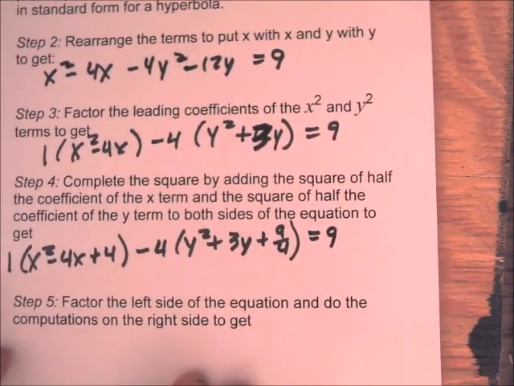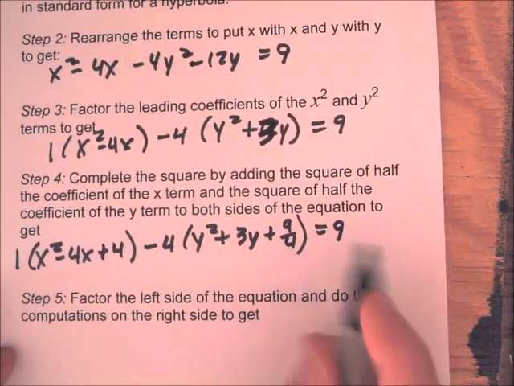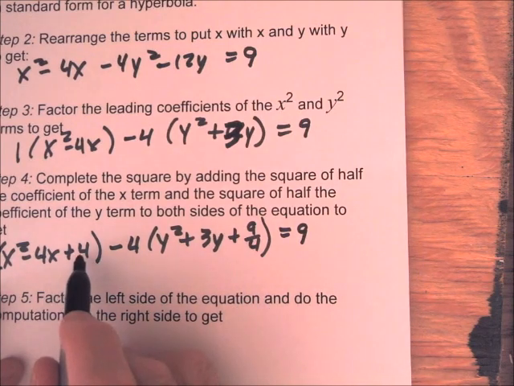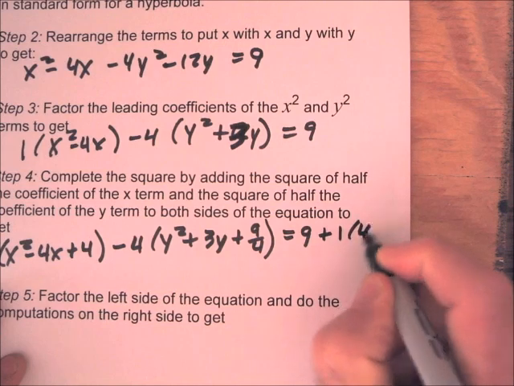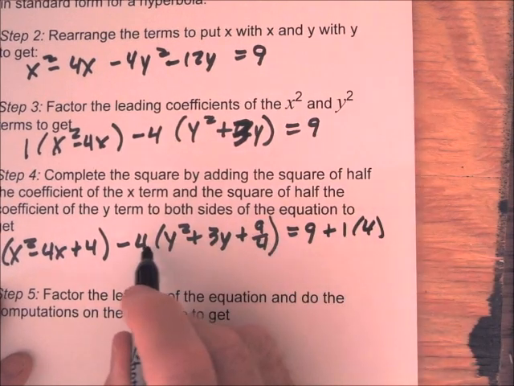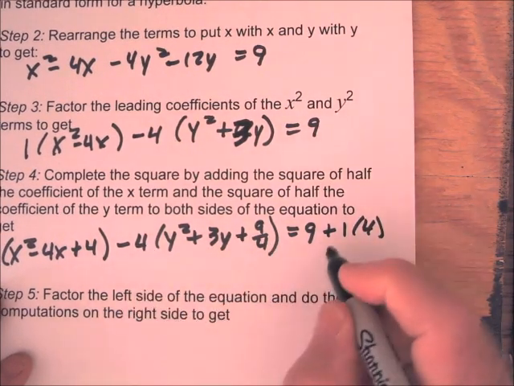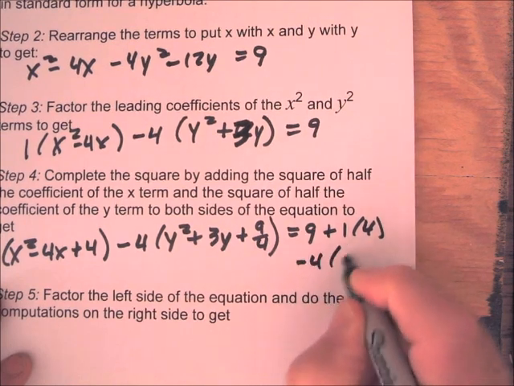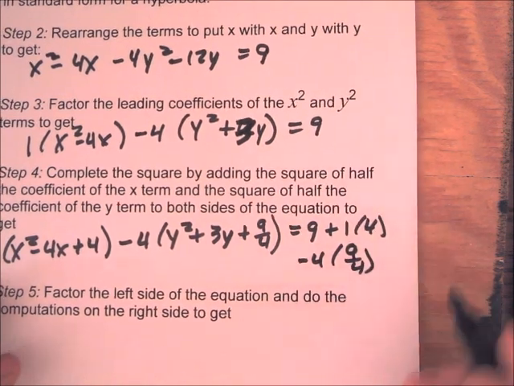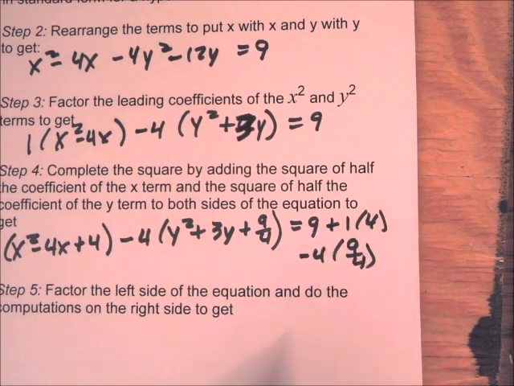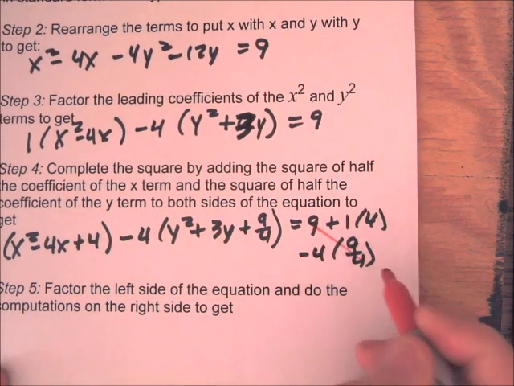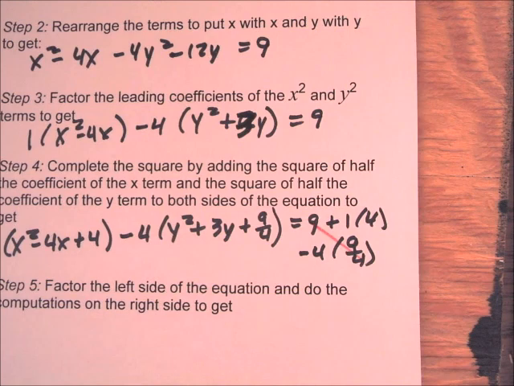And then whatever we added over here, we also have to add on the right side of the equal sign. So the 4 was inside parentheses with a 1, so we'll add plus 1 times 4. And the 9 fourths was inside parentheses with a negative 4 on the outside, so we'll add a negative 4 times 9 fourths. That's going to be negative 9, so those will cancel. You have a positive 9 and negative 9, so we'll just have 4 on that side.